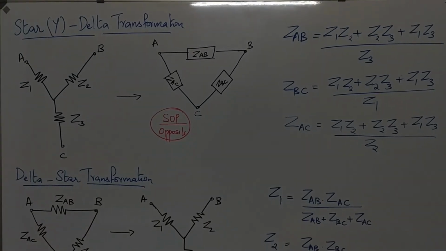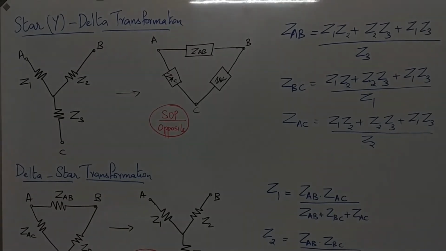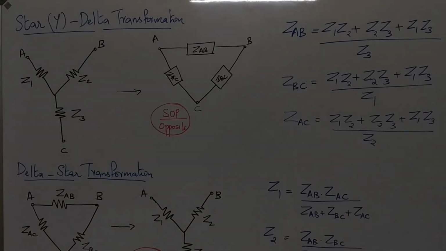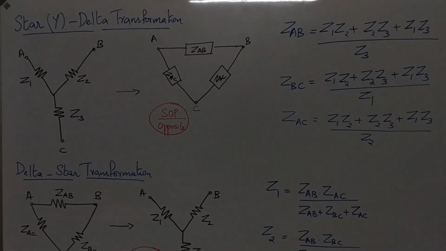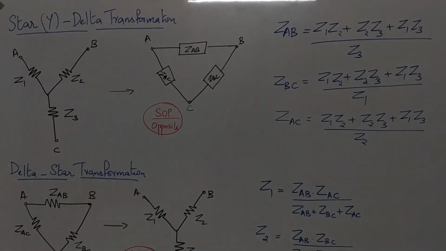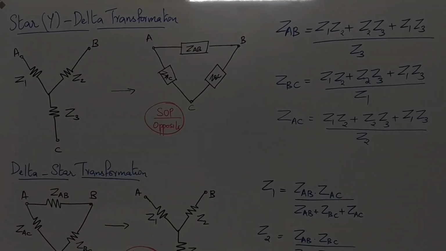Now we will see star to delta transformation and delta to star. Again, by using this transformation, analysis of circuits can be made easy at very many times. So we learn this also. First we will see Y to delta transformation.